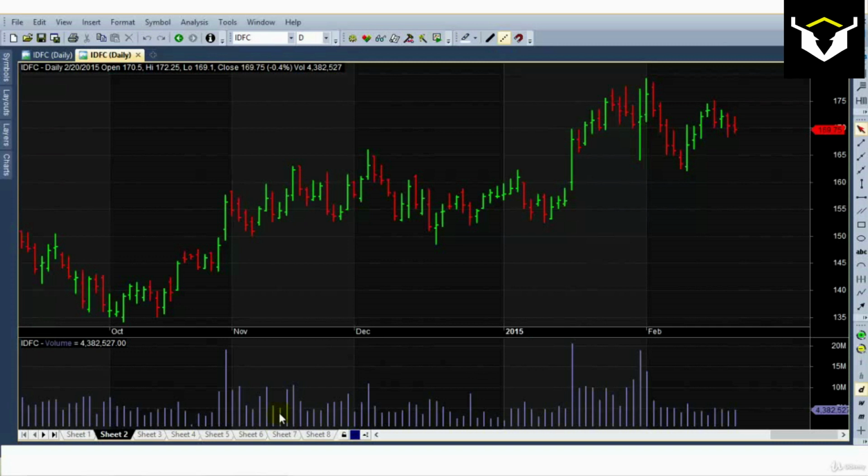Just make sure that you can identify a congestion area or a triangle. Alright, let's first evaluate the direction of the price move and what volume suggests about the direction of the price move.